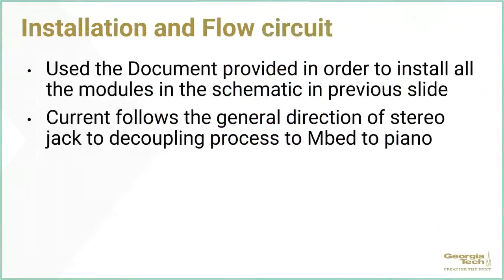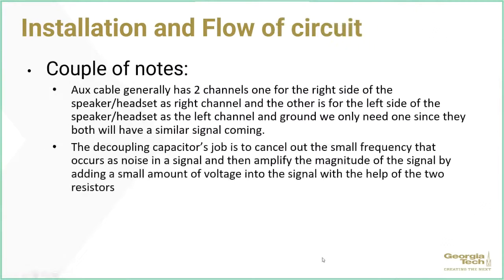There are a couple of noteworthy items that I would love to make sure that you guys understand. The aux cable usually comes with two channels. One for the right side of the speaker, the right channel, and the left side of the speaker, the left channel. We just need one of the channels, so just pick one. Either one works.